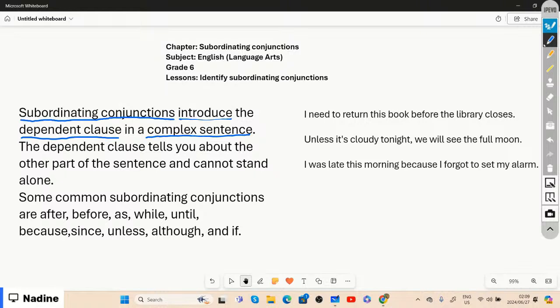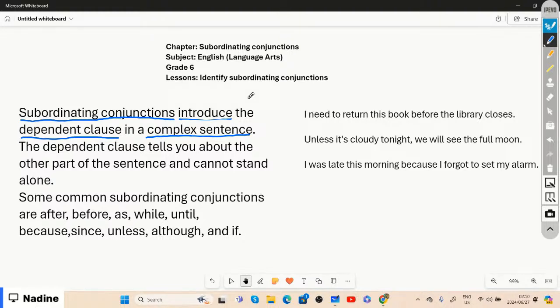Then we have a dependent clause, right? A dependent clause cannot stand on its own. It needs the assistance of an independent clause, right? But then we use a subordinating conjunction usually at the start of the dependent clause. The subordinating conjunction introduces the dependent clause within a complex sentence.